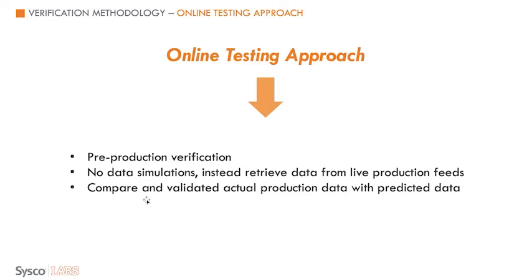Instead, we use exact production feeding channels or endpoints, and we deal with production-like data, and we get live pictures. So we do the comparison, validation and evaluation for real-time data. So that's how you do the online testing approach. This is a pre-production verification just before you go live with the trained machine learning model.